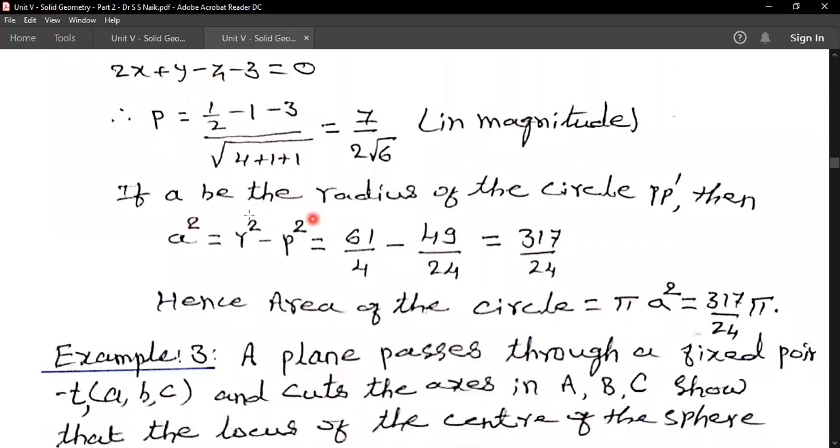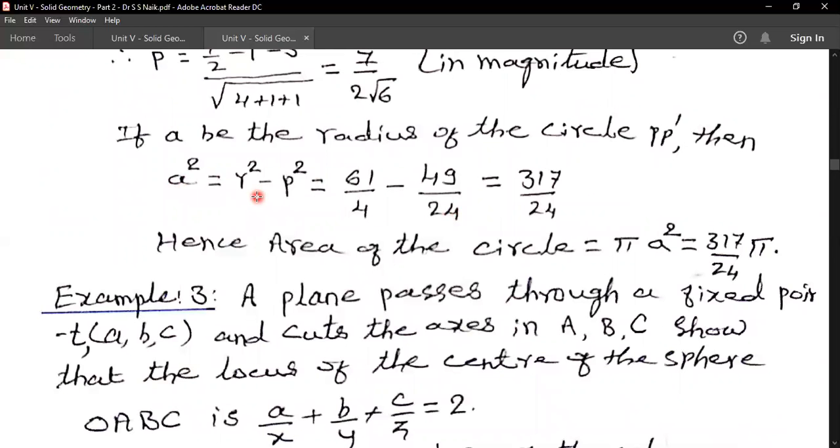Then if A be the radius of the circle, then A square is equal to R square minus P square. Now R square is given by 61 upon 4, and P square we have found: 7 square is 49, then square of 2 root 6 becomes 4 into 6 is 24, and the value of this is equal to 317 upon 24.